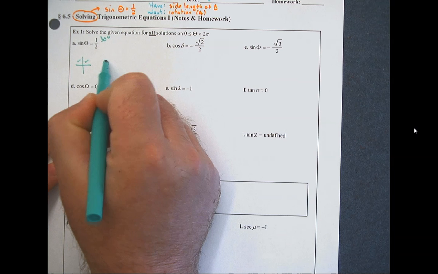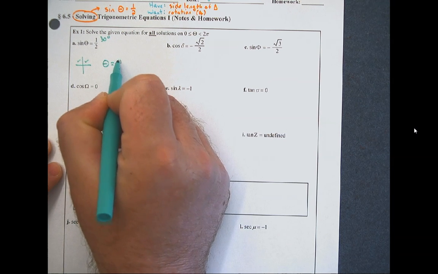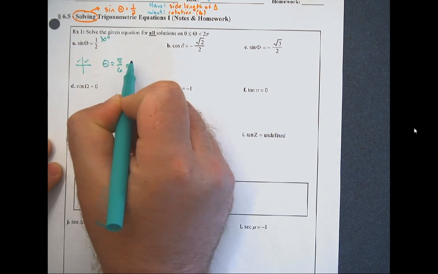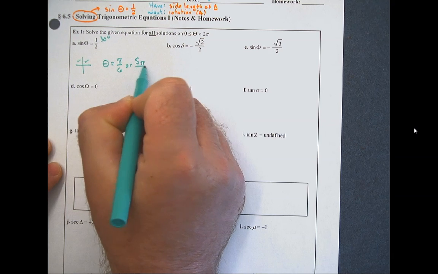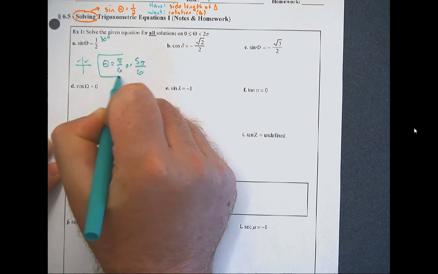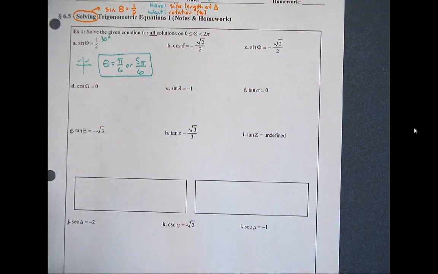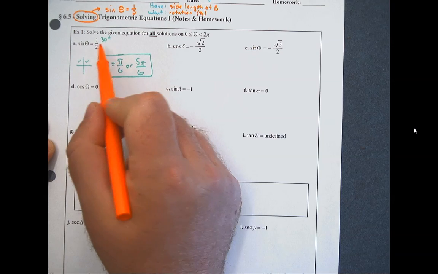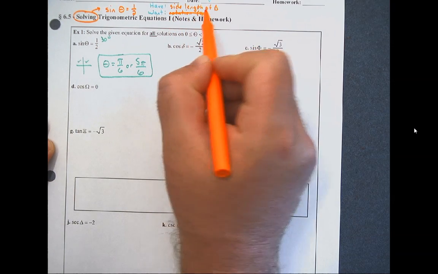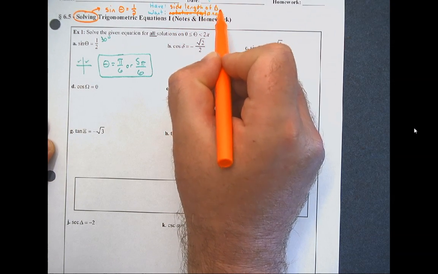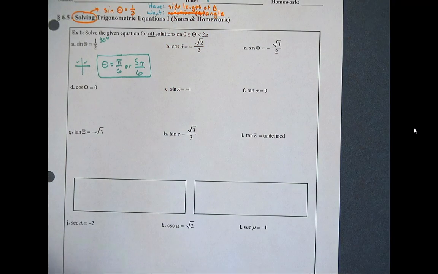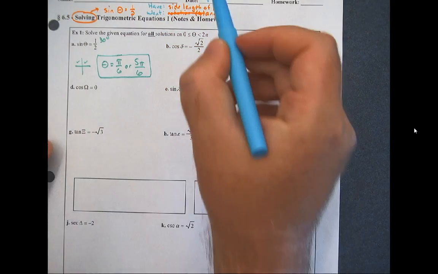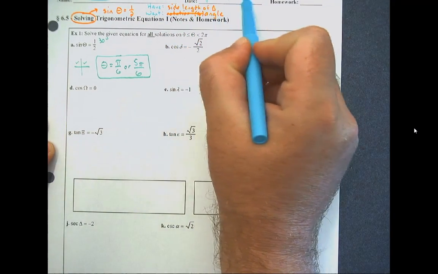So theta equals pi over 6 or 5 pi over 6. Those are my solutions. Those are the two angles that if I rotated to those angles, I would have a sine value of 1/2. I'm going back up here and change that to angle for next year.